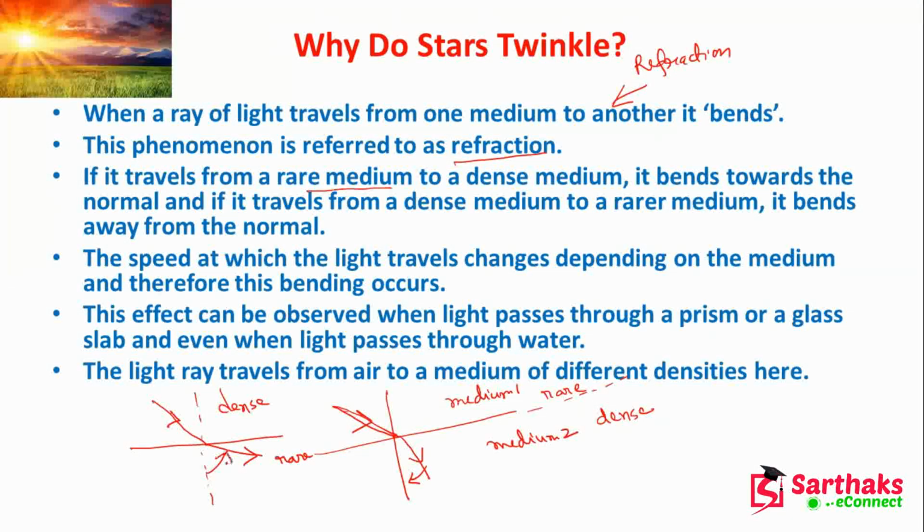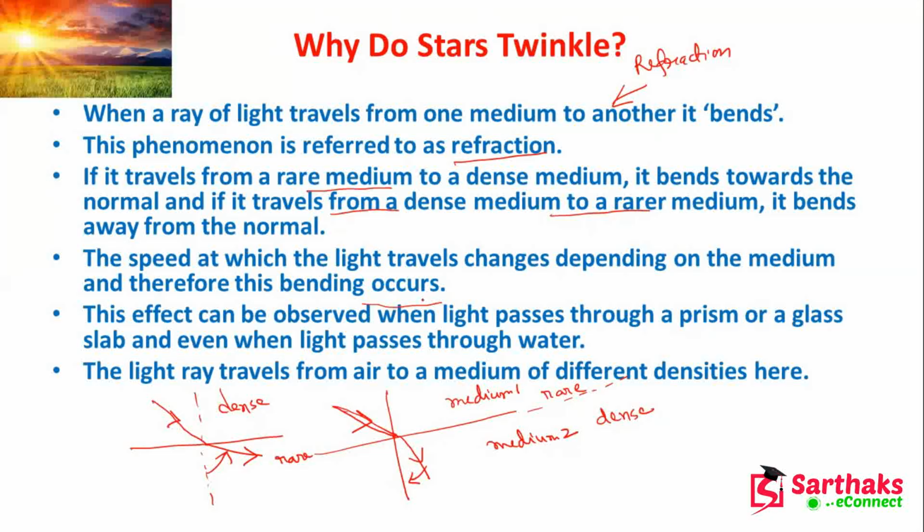That means it is moving away from the normal. So when it travels from a dense medium to a rarer medium, it bends away from the normal. The speed at which the light travels changes depending on the medium, and therefore this bending occurs.